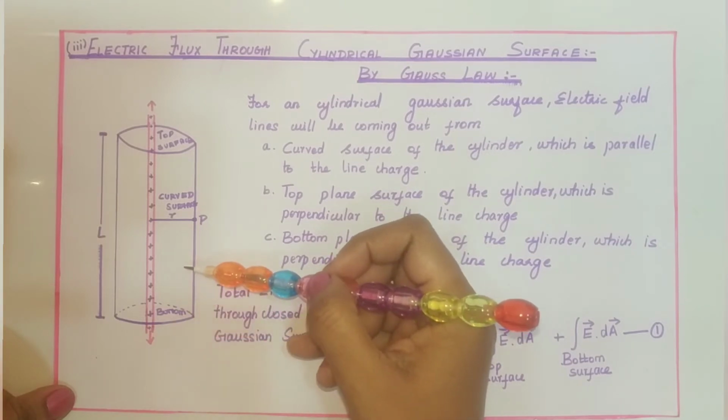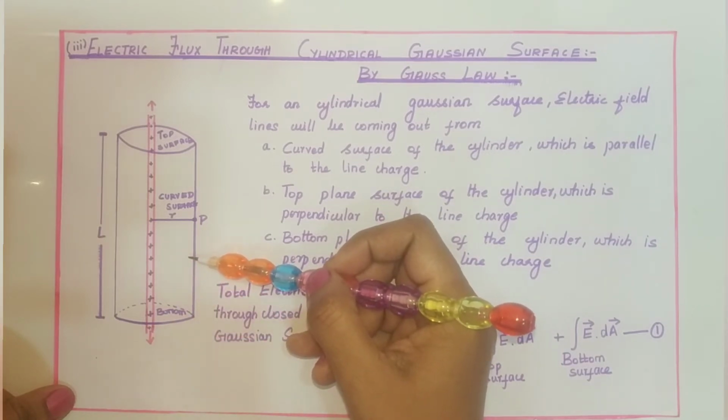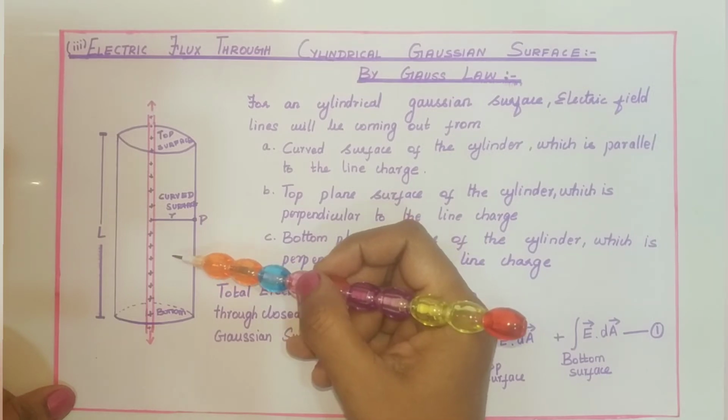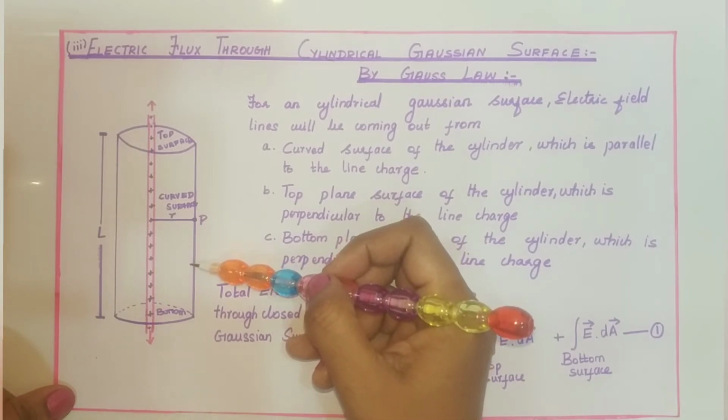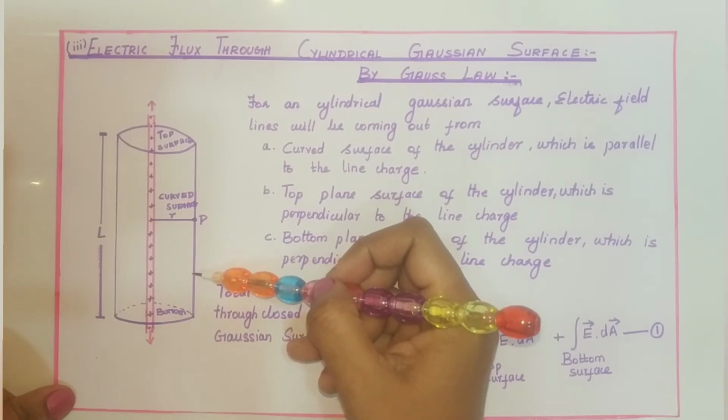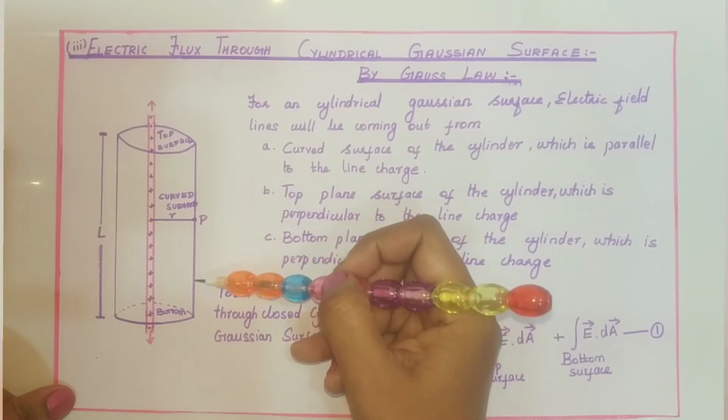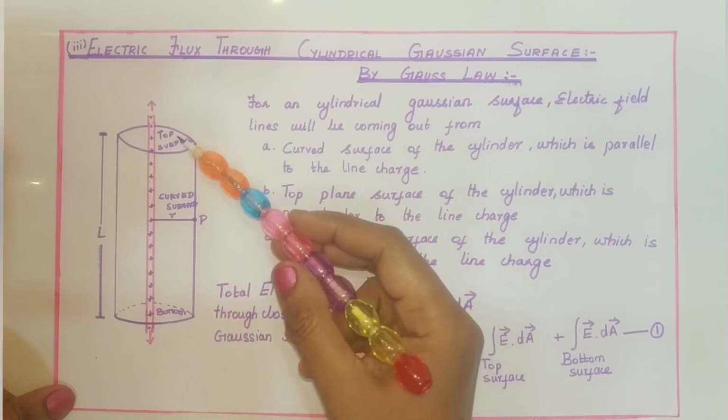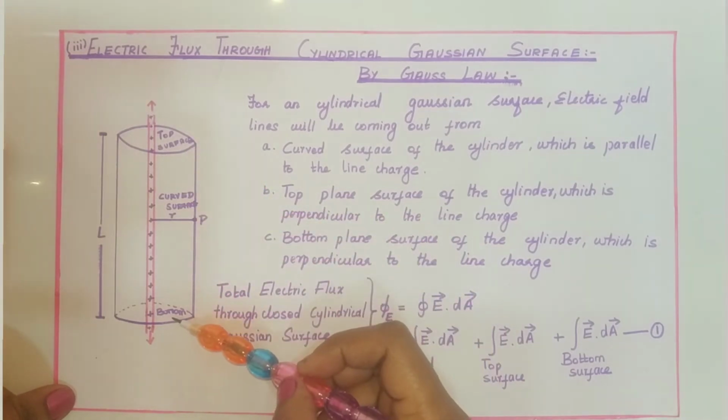Now we have to calculate the flux, that is the number of electric field lines coming out of this cylindrical Gaussian surface. It has a curved surface, a top surface and a bottom surface.